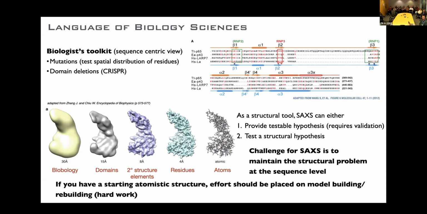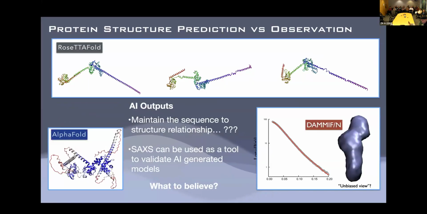And in this case, every residue is perfectly determined by the observation. So if you have the starting atomic structure, like through an AI model or homology modeling, your efforts should really be placed on keeping that sequence to structure mapping, and that allows you to test hypotheses and so forth.